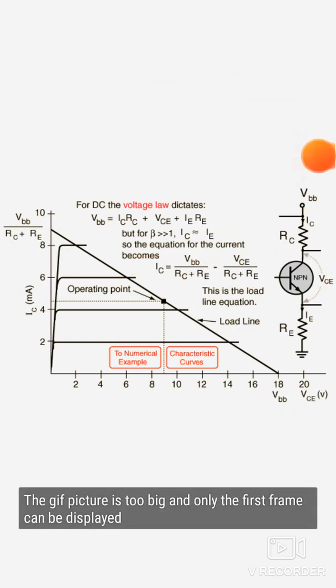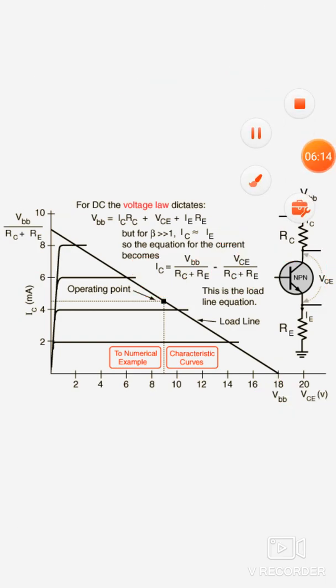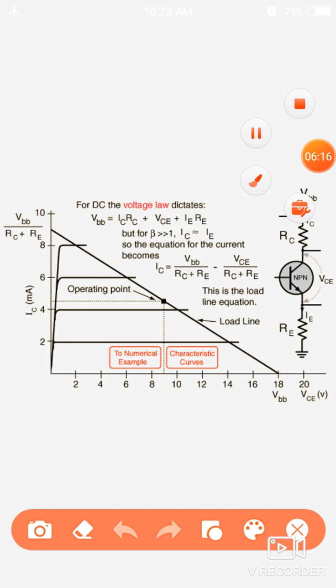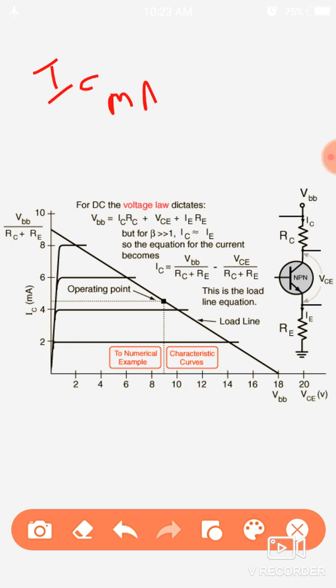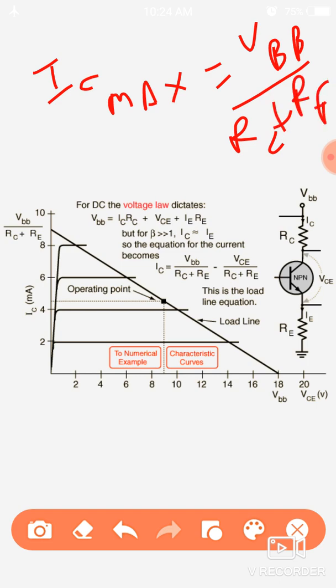This is the critical limit: IC maximum equals VBB upon RC plus RE and IC minimum equals 0.